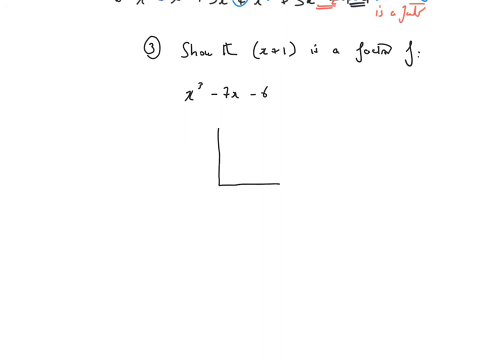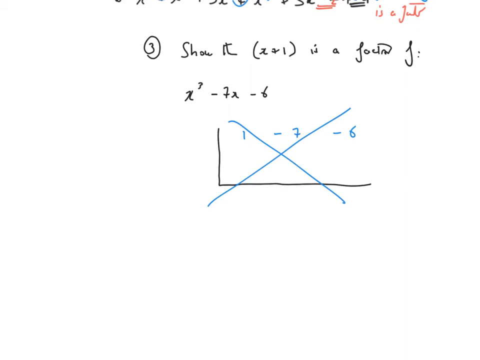Okay, so let's get the table drawn and look at our coefficients. The coefficients are going to be 1, minus 7 and minus 6. At that point, I'm going to just put a line through that because that's not correct. It's tempting to go for that, but that's definitely not correct.